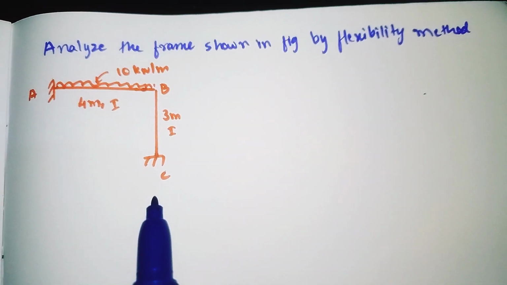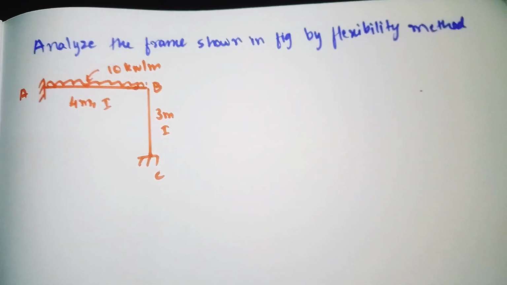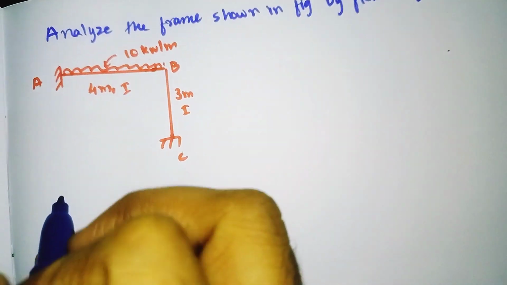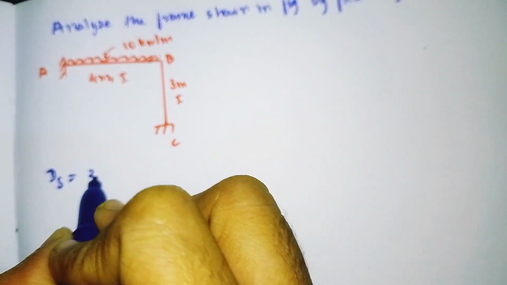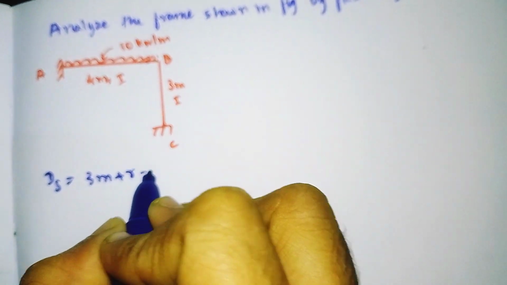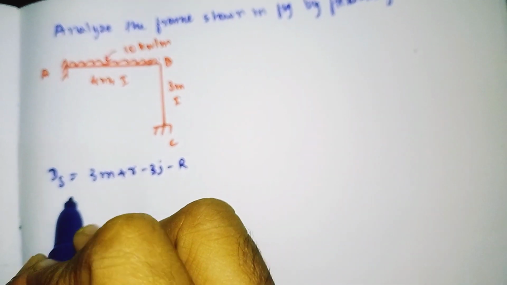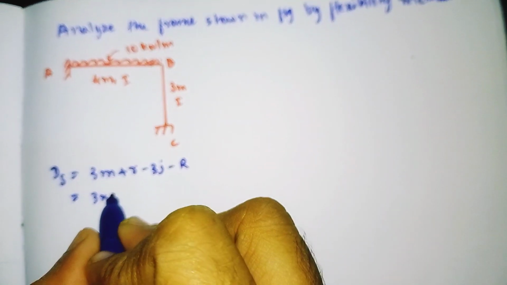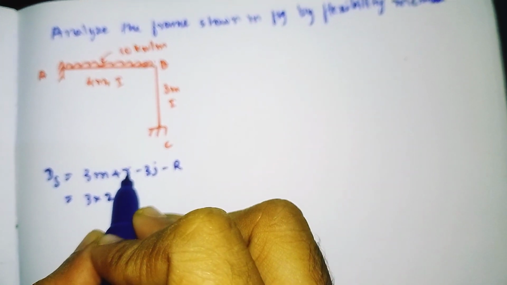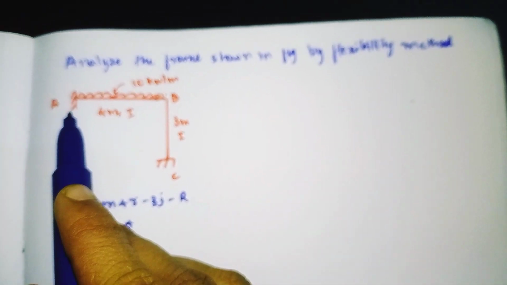As usual, our first step is to find the degree of static indeterminacy, Ds. The formula is Ds = 3m + r - 3j - R. Here m is the number of members, so 3 into 2 members, plus small r, the number of unknown reactions at the fixed ends.